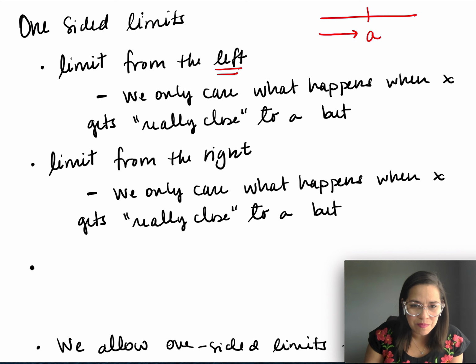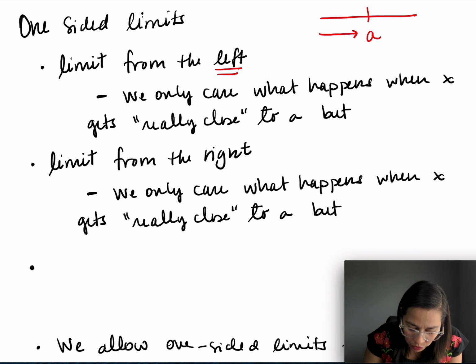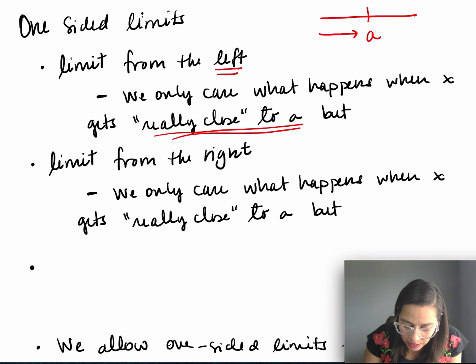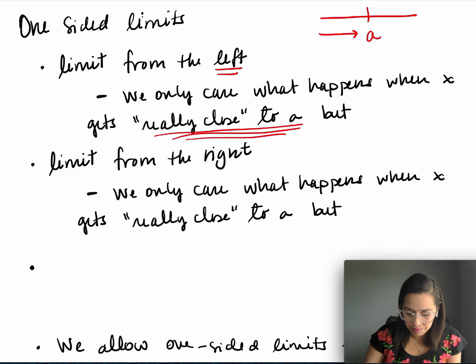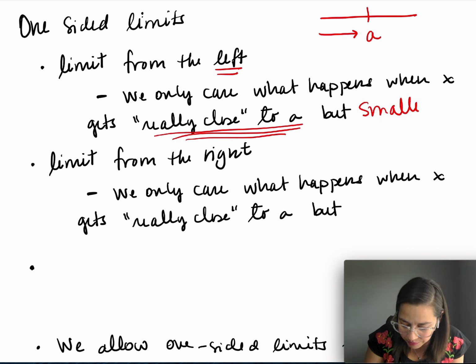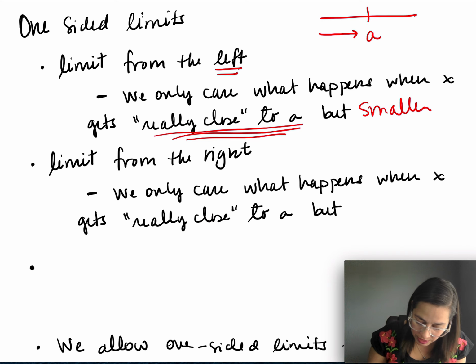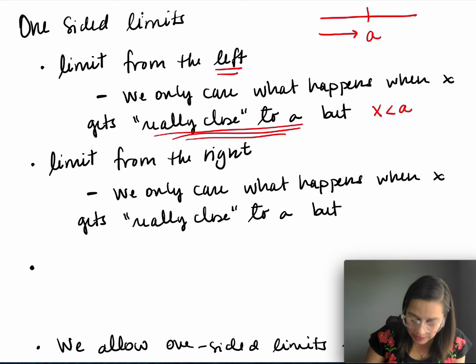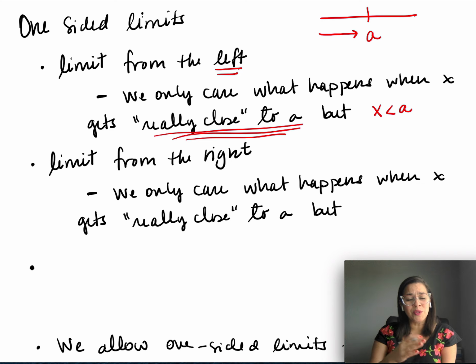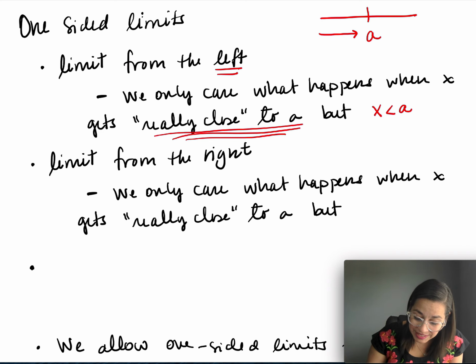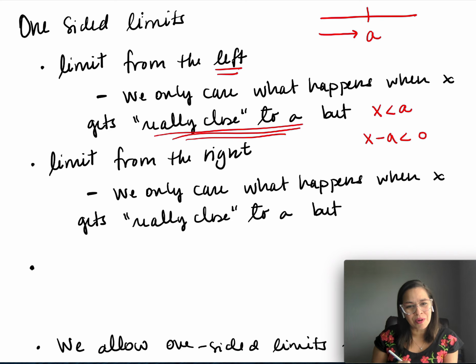I'm taking numbers really close to a, but smaller than a, so x is less than a. Since I'm coming from the left, I know that my x values are less than a. So if I did x minus a, I'm going to get something less than 0, something negative.